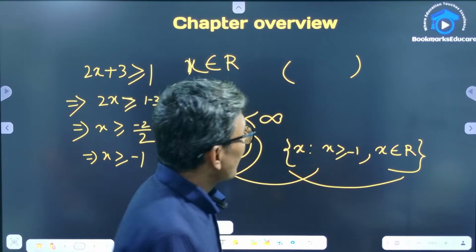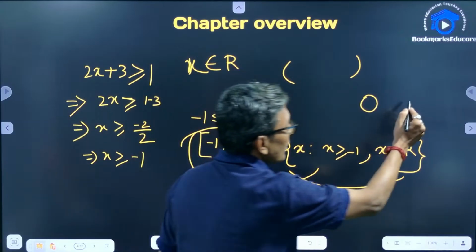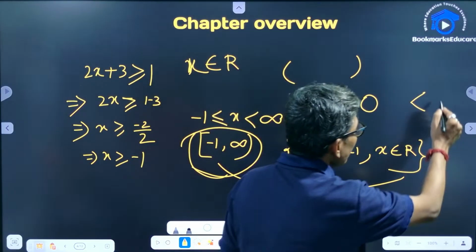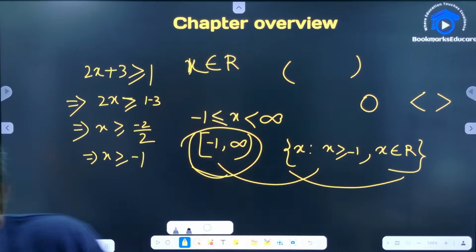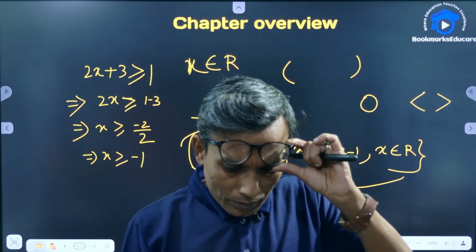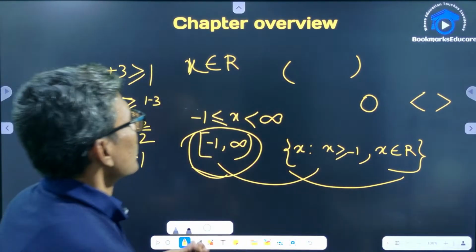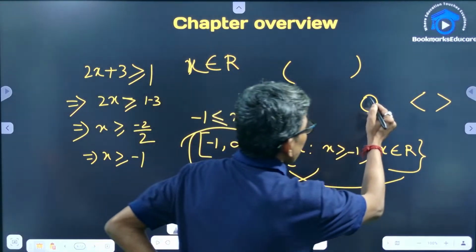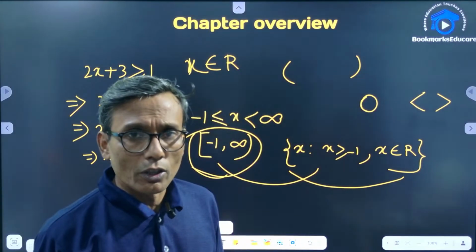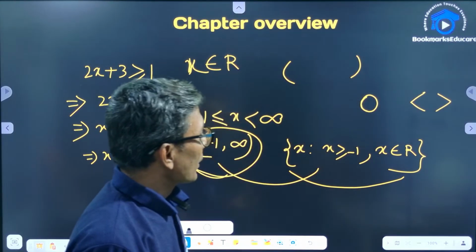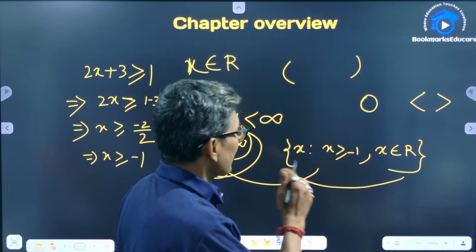an open circle, that is, for greater than and less than, meaning not included. Okay, I'm explaining. So the solution set of an inequation can be represented on the number line like this.